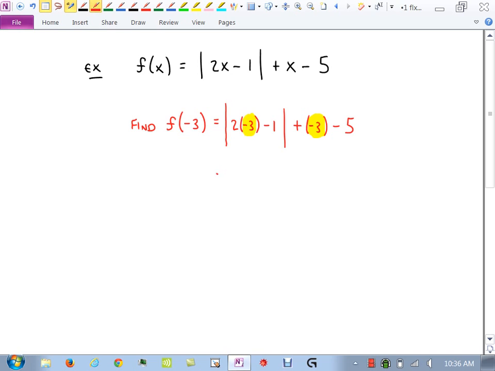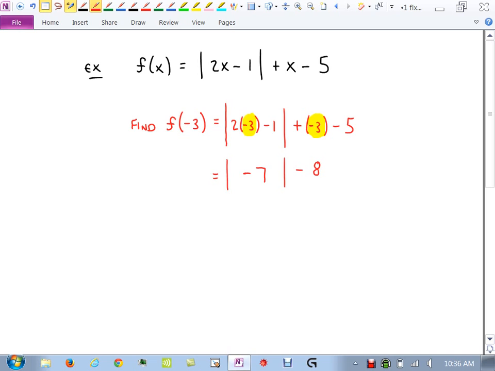What do you get inside that absolute value? -6, then -1, right? So you get -7 in there. And then over on the right side, with the -3 and the -5, that becomes a -8, doesn't it? -3 take away 5 is -8.